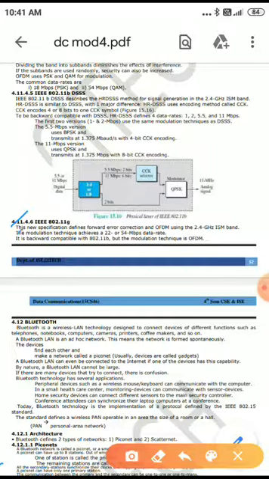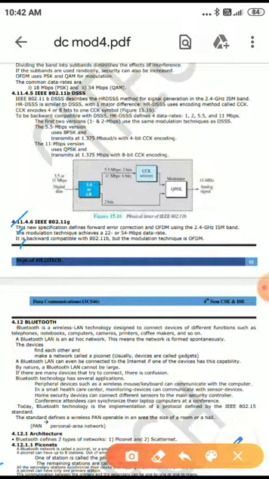The modulation technique achieves a 22 or 54 Mbps data rate.